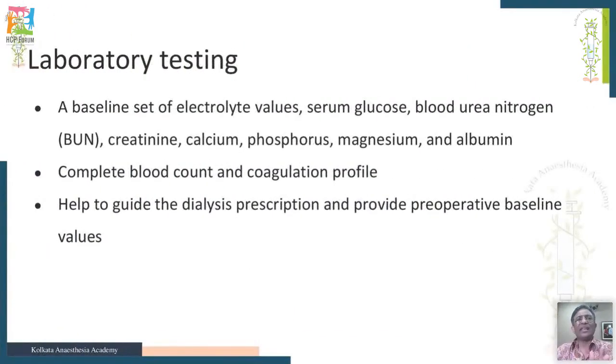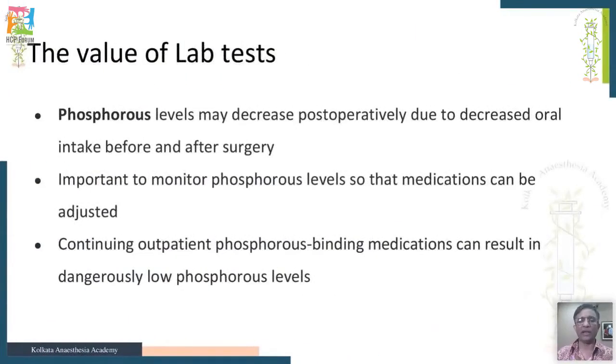Lab, I think it will be kind of similar. More emphasis on electrolyte values, glucose, blood urea nitrogen, creatinine, calcium, phosphorus, magnesium, more for a nephrologist, maybe a little less for us. Blood count and coagulation profile become very, very important, and can guide you as to when you need.